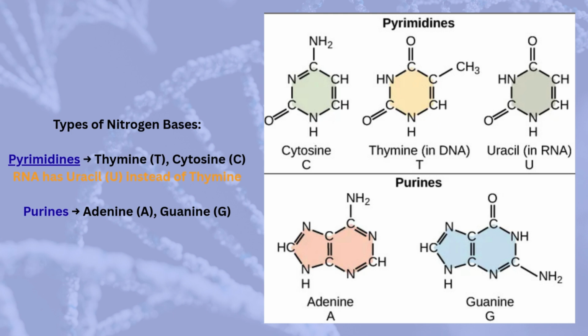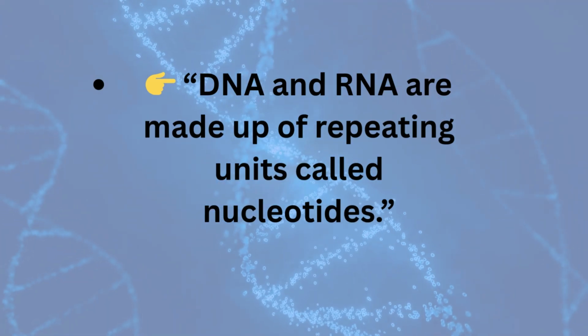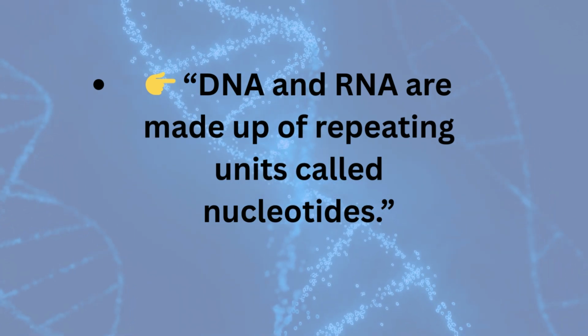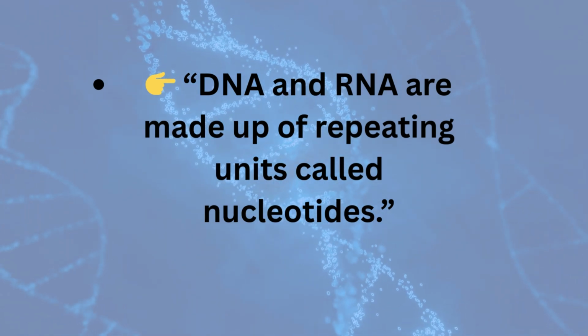These bases are of two types, purines and pyrimidines. Purines: adenine (A) and guanine (G). Pyrimidines: thymine (T) and cytosine (C). And in case of RNA, instead of thymine, we find uracil (U). Levene also discovered that these components form repeating units called nucleotides.